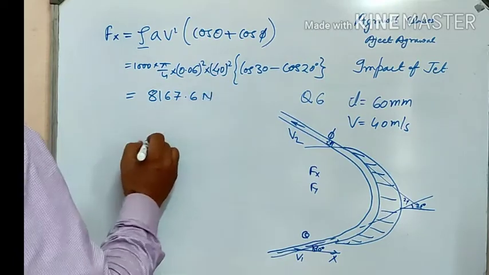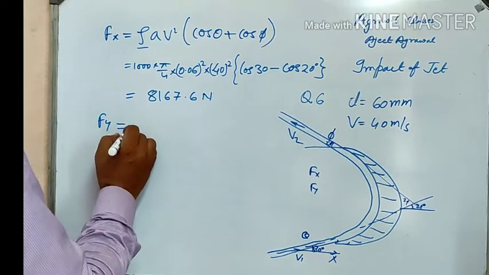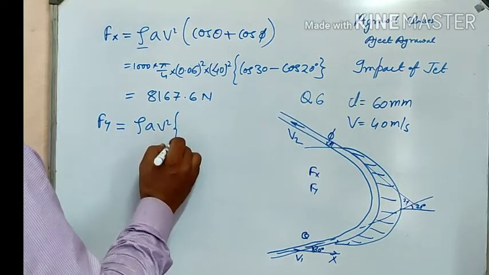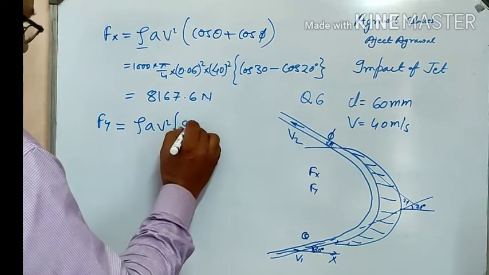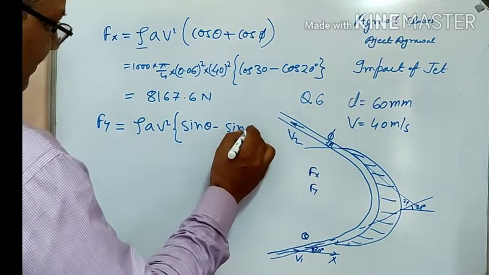You solve this one and you get the result as 8167.6 Newton. To find out the force in the Fy direction, we have the formula rho a v square multiplied by sin theta minus sin phi.